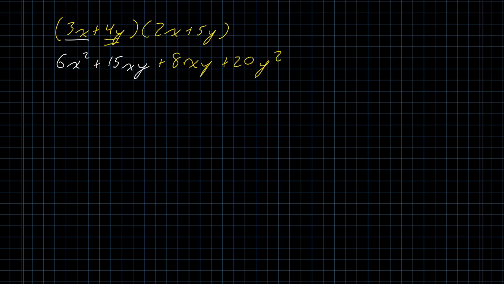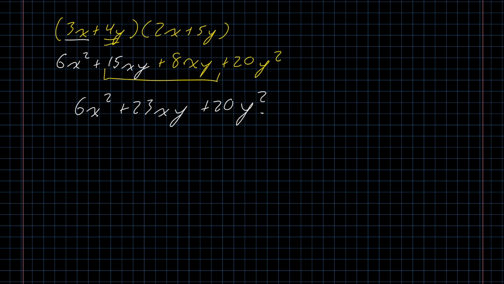Then look for some like terms to combine. We do in fact have two like terms here. 15xy plus 8xy is 23xy, giving us a final result of 6x squared plus 23xy plus 20y squared.